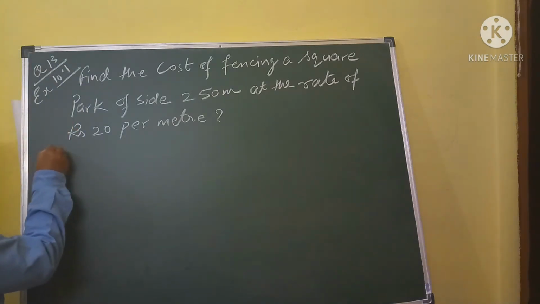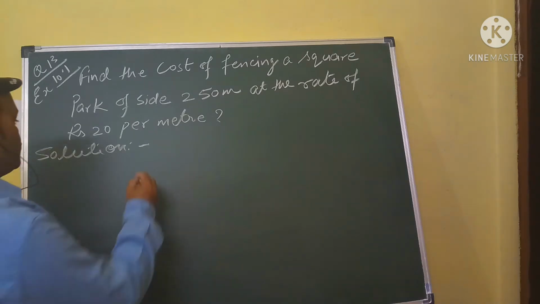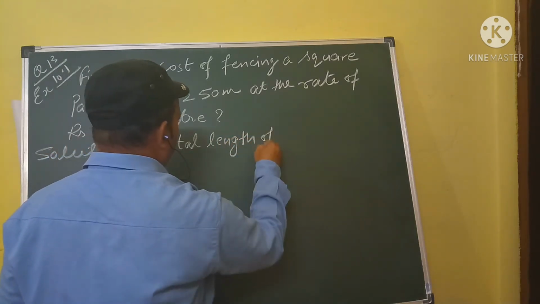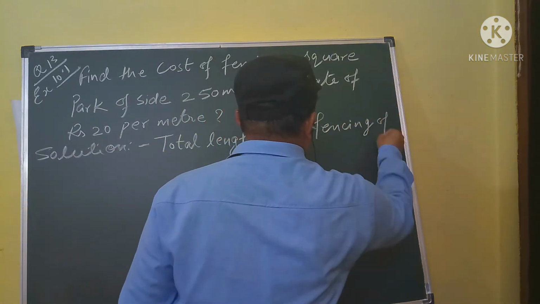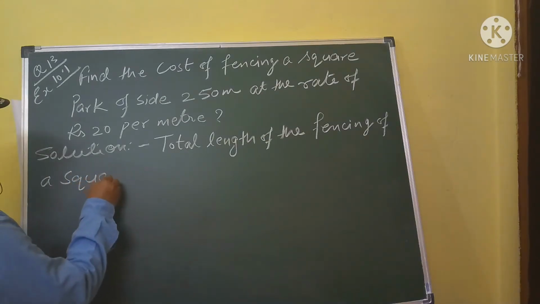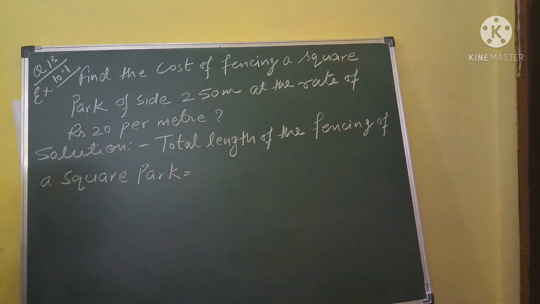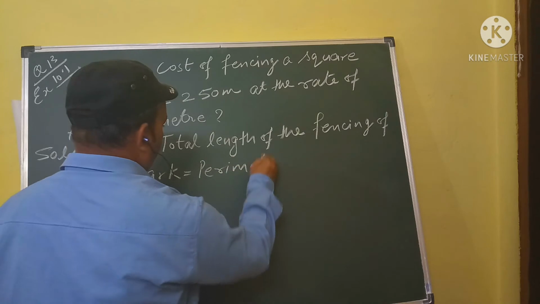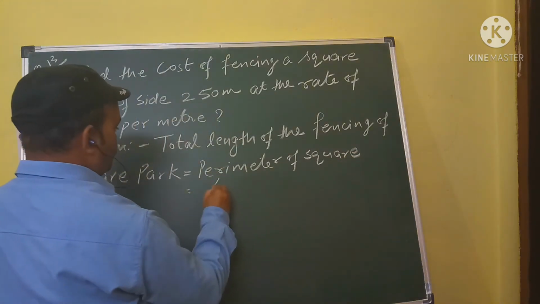Now look here, the solution for this question is: total length of the fencing of the square park is equal to the perimeter of the square, and this is 4 into side.